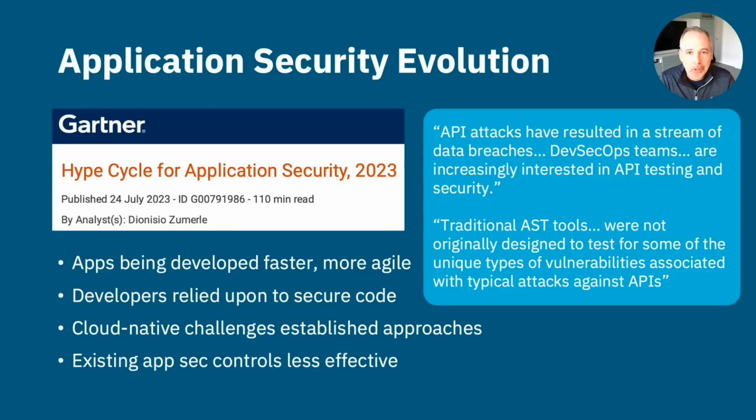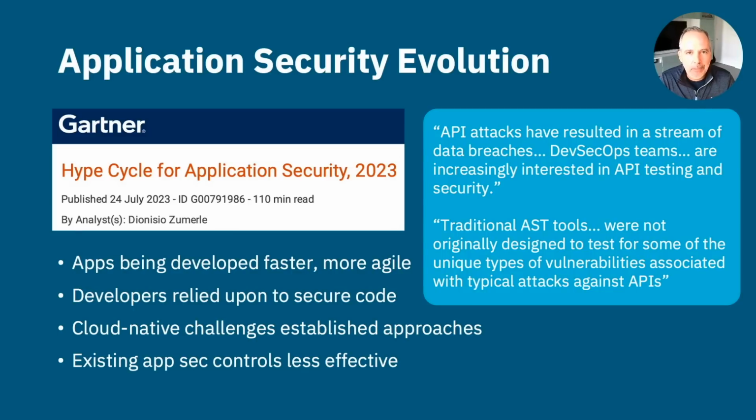We're relying more and more on developers to secure the code, to integrate security into their applications. And we've changed how we deploy and operate our applications with things like cloud native strategies. And these are challenging our traditional and established approaches to application development and provisioning and deployment.